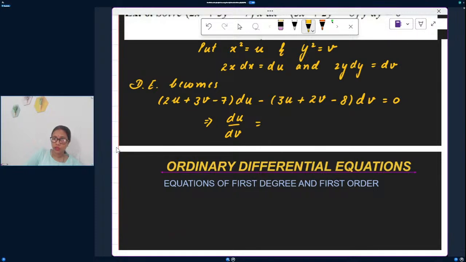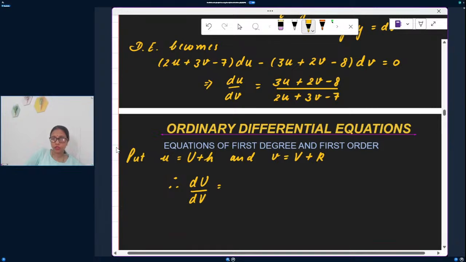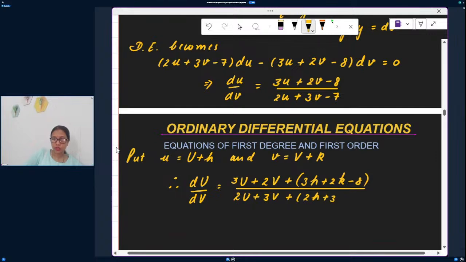It implies du by dv is equals to 3u. Now you look at that differential equation. Now you know that it looks like an equation that can be easily reduced to homogeneous. Put small u as capital U plus h and small v as capital V plus k. Tell me value of h and k quick. Therefore, du by dv is equals to 3u plus 2v plus 3h plus 2k minus 8 upon 2u plus 3v plus 2h plus 3k minus 7. Tell me what is the value of h and k.